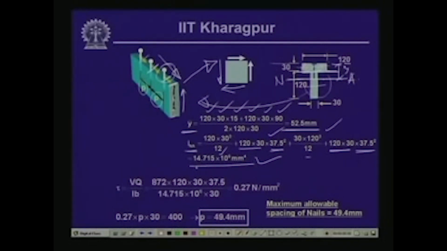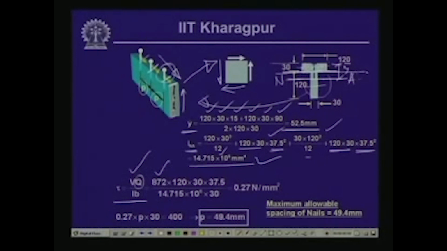Now, from the expression of tau equals V q by I b, V in the section is given as 872 Newton. q is the moment of the area above the section where we are evaluating the shear stress.